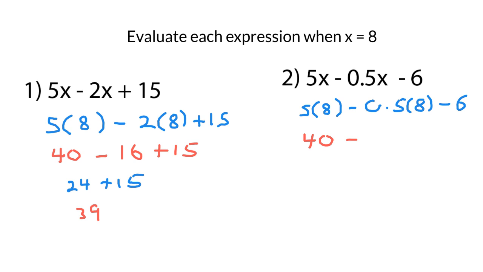Decimal 5 times 8 is the same thing as dividing 8 by 2, half of 8. So if we multiply something by decimal 5, we're cutting it in half. So 0.5 times 8 would simply be 4. Subtract 6. 40 subtract 6 is 36. 36 subtract 6 is 30.